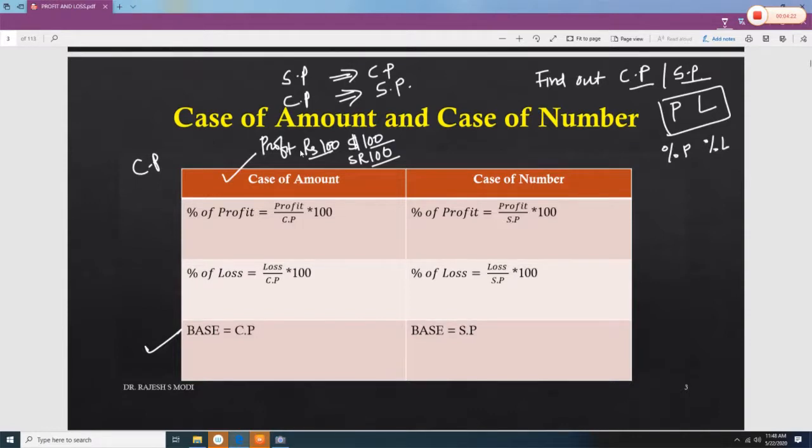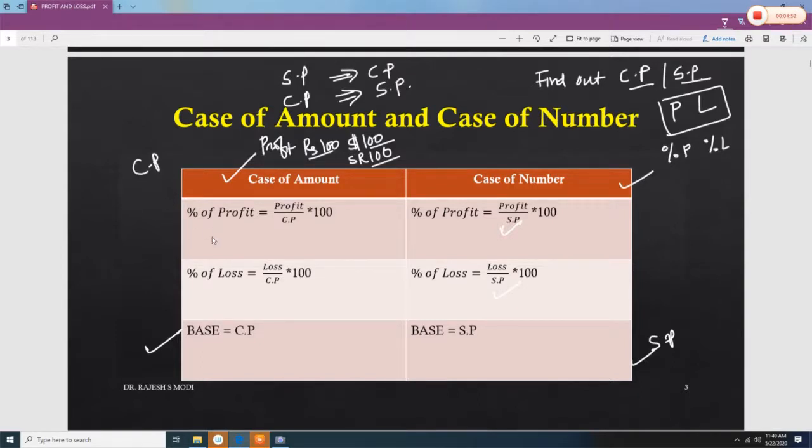So in a case of number, the value will be given in terms of dozen, or 100, or meter, or gram, or kilogram, or liter. When these kinds of numbers are in the example, it is called a case of number. So whatever the profit is, it will be divided by the sales price, and the loss is divided by the sales price. So the base will be SP in case of number.